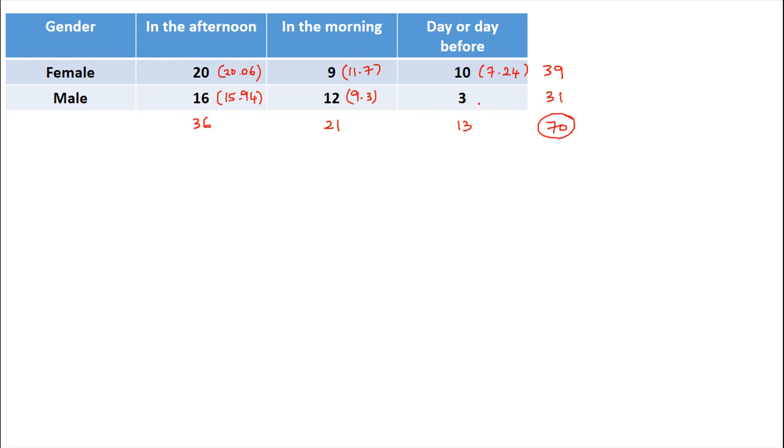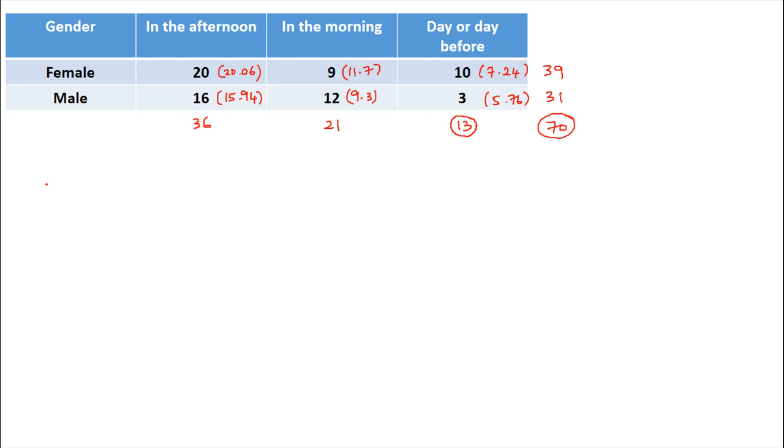For example, the total is 13 here. Now we have 7.24, so 13 minus 7.24, the remaining is here. The value for the remaining will be in the last cell. 31 multiplied by 13, then divide by 70, so this is 5.76. All right, so this is all the expected value that we have.